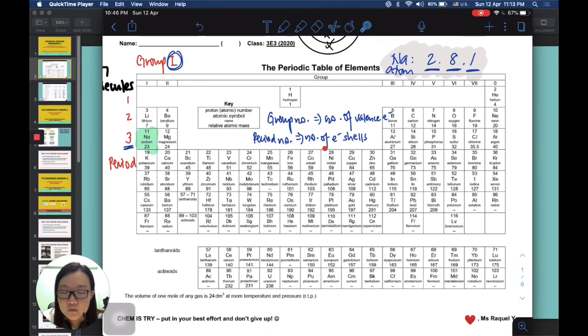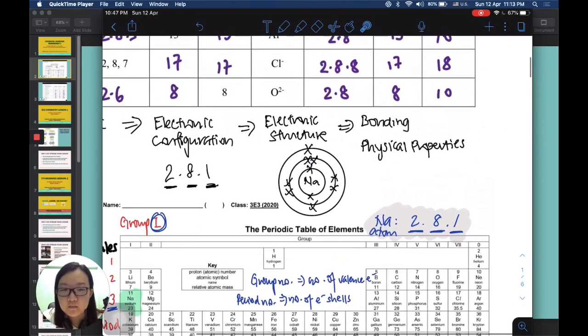There is no repeat of the proton numbers at all. So if I were to say, can you help me look for the atom with proton number of, let's say, 15? Immediately you can zoom into phosphorus and tell me that that is the element that I'm thinking about. You get what I mean? It's unique.